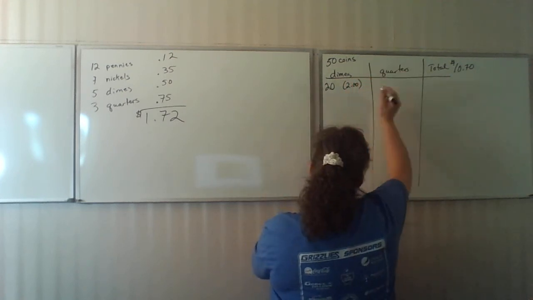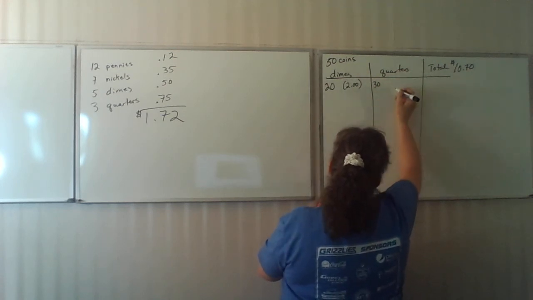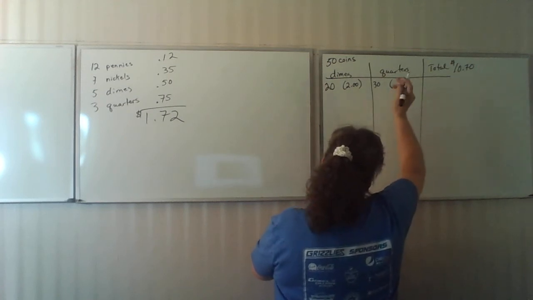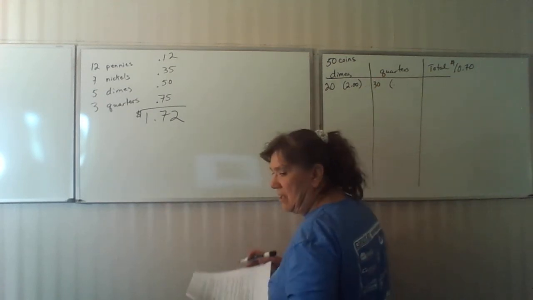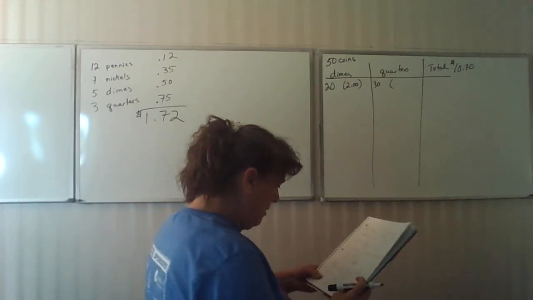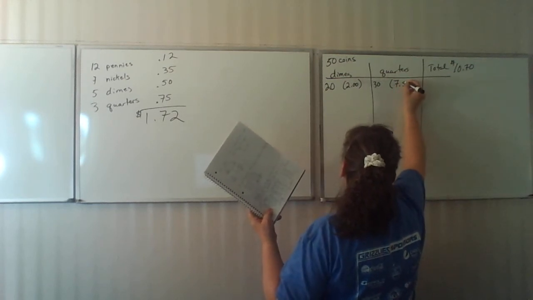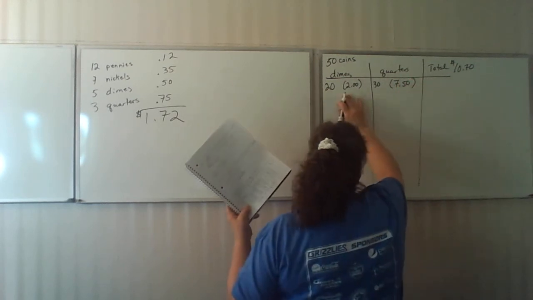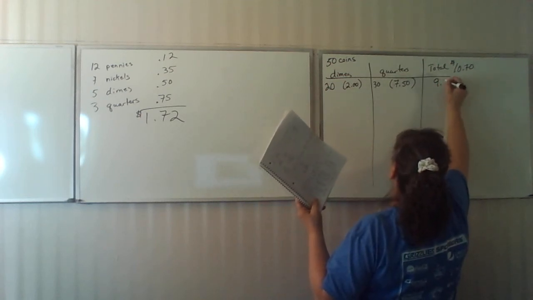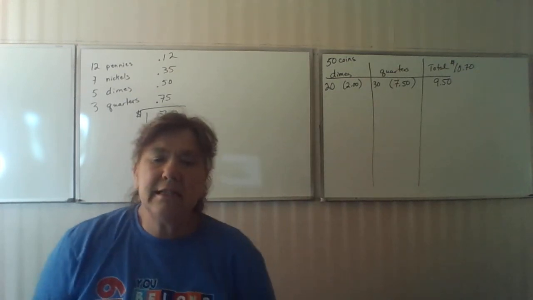And if I have 20 dimes, that means I have 30 quarters, and 30 times 25 cents will be, let's see, $7.50. $7.50 plus $2 is $9.50. And as we can see, that still isn't enough.